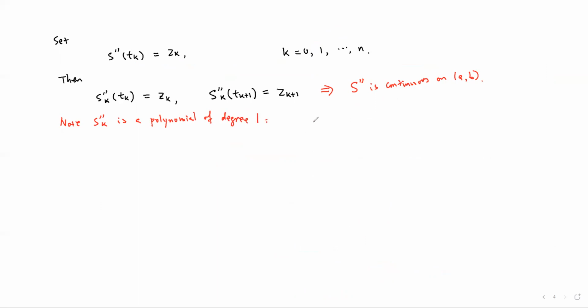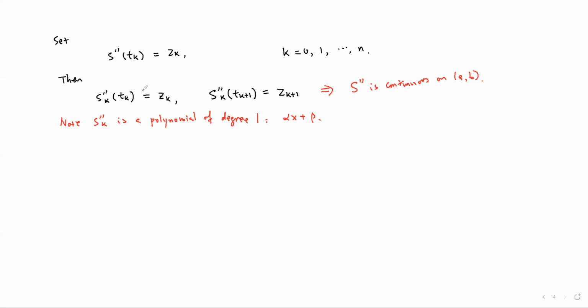Polynomial of degree 1, what is that? It is alpha x plus beta.